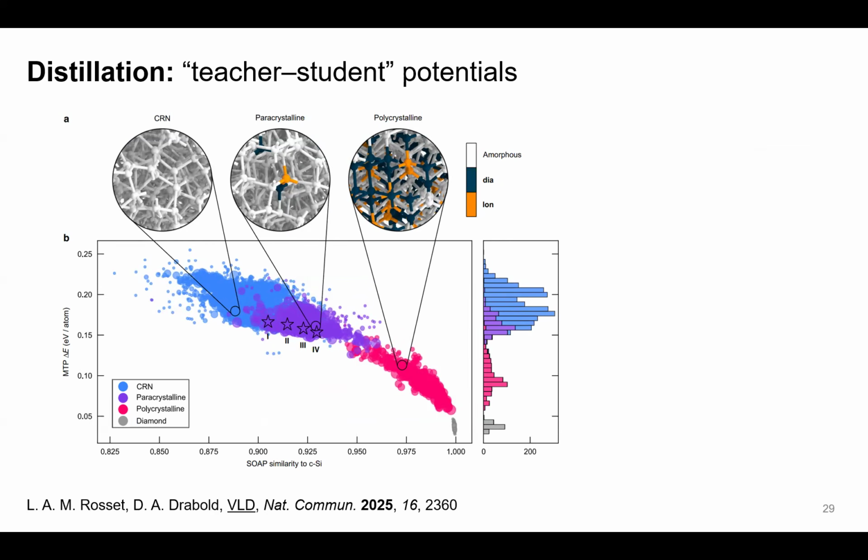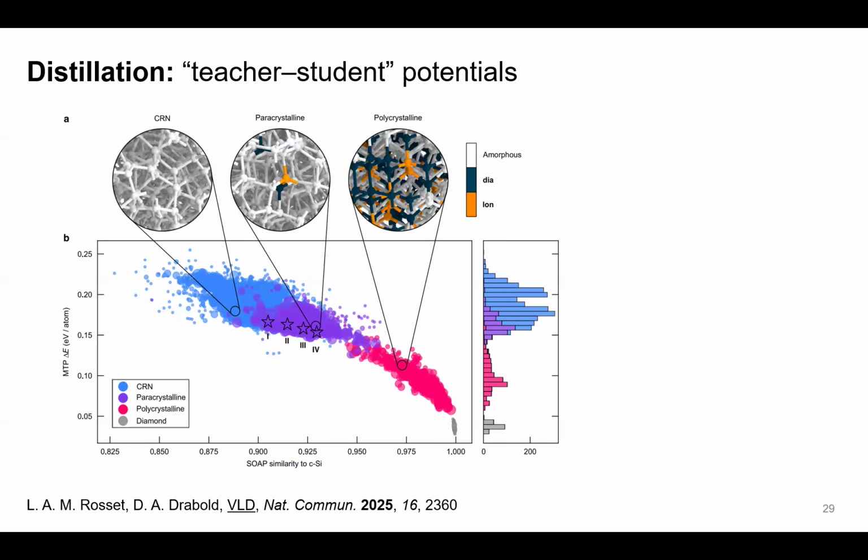She's been looking at a topic that's been studied and debated in that field for a long time: can there be some local structural order in amorphous silicon, which has been referred to as paracrystalline ordering. So it's not crystalline, it's still a disordered network, but there is some local order. You see these atomic environments here that locally resemble the ordered phases.